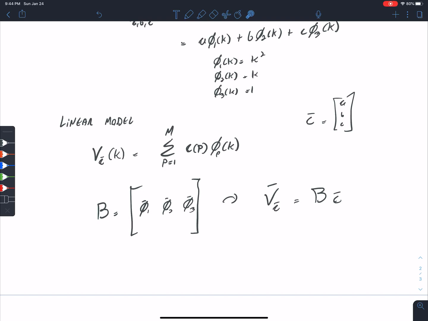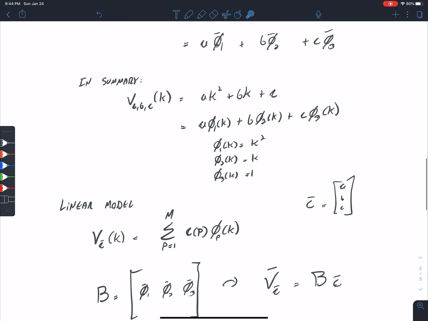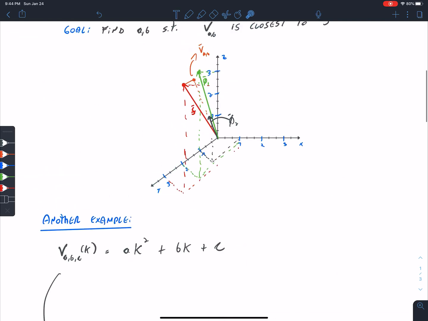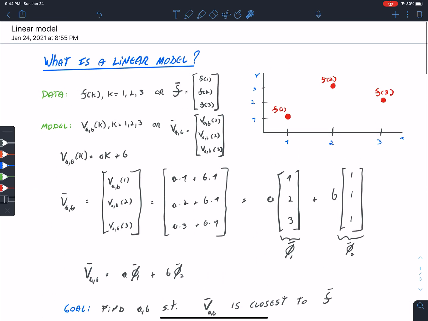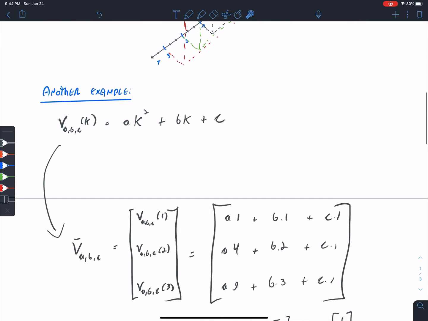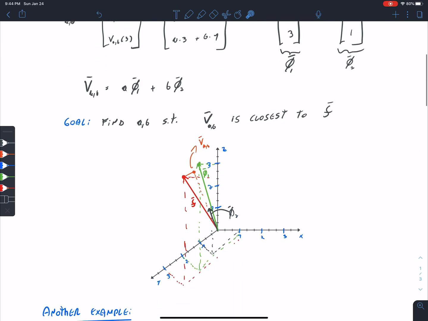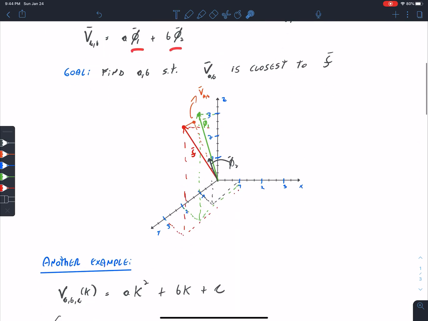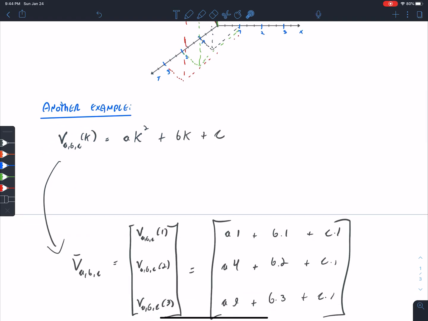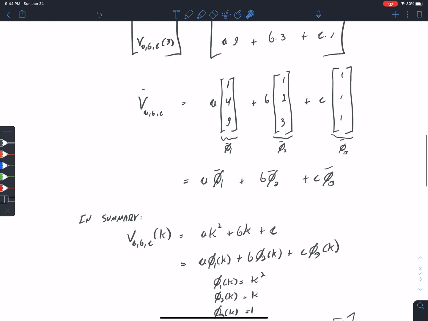Anytime your model for the data that you're seeking, and here's our problem again, find a representation of this data f. We started with a line, and then we wrote that the line can be the addition of two vectors. For the quadratic function, it can be the addition of three vectors. So here are the three vectors we defined.